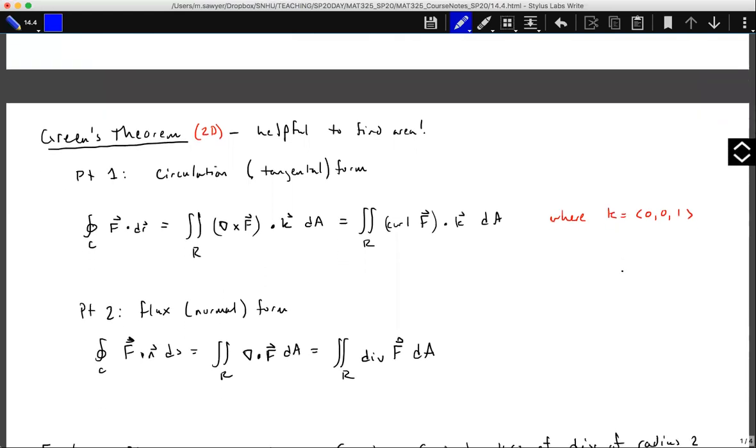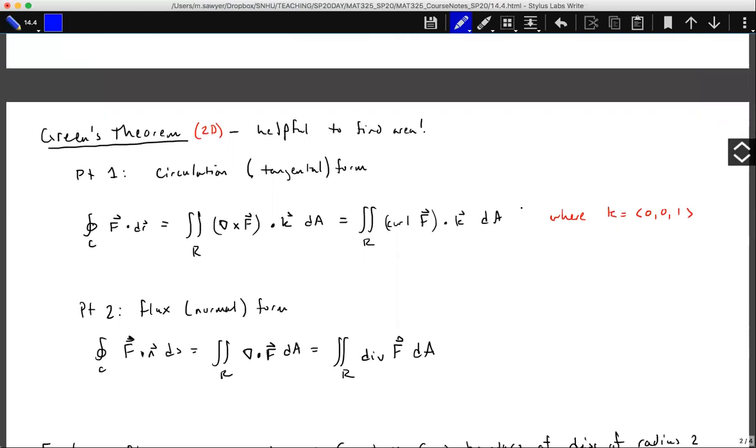So Green's theorem in two dimensions is helpful to find area. We have two different forms. We have the circulation form, or the tangential form. Over a closed curve, and this is important, we have a closed curve C, the integral of F dot dr is equal to the double integral over the region of the curl of F dotted with k, where k is our unit vector in the third dimension, dA.